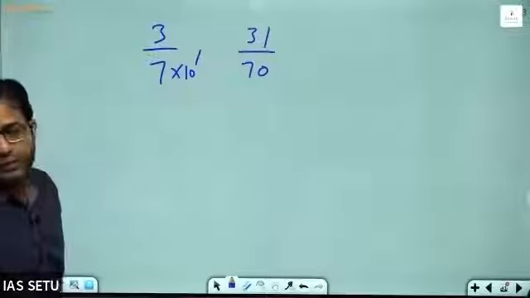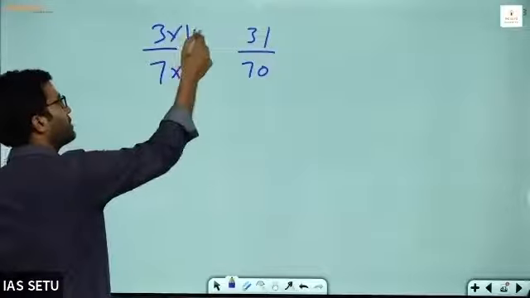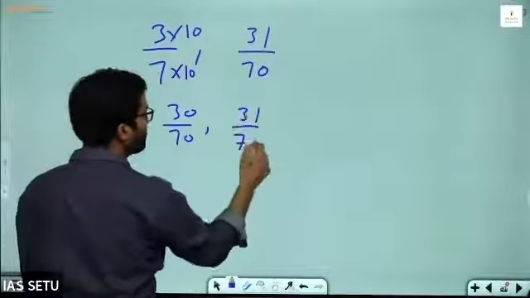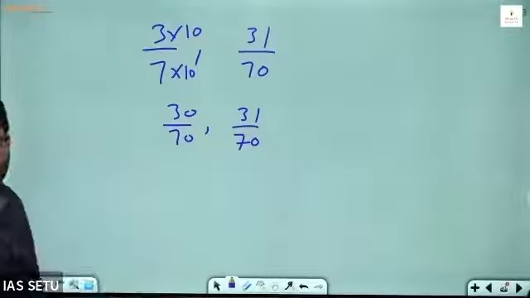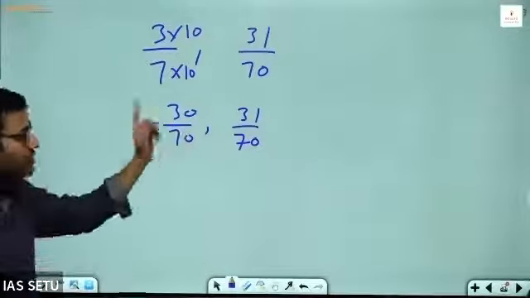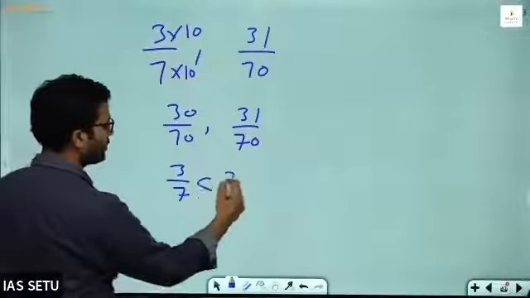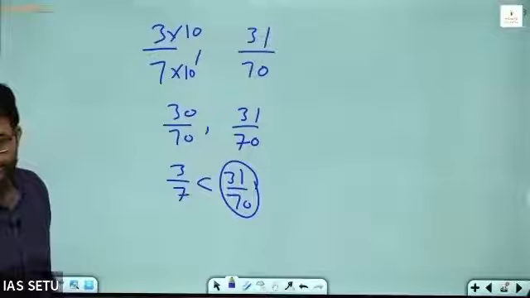But the rule is, if you are multiplying the denominator by 10, you have to multiply the numerator by 10. So this is 30 by 70, and this is 31 by 70. So you can make the denominator constant also. Now 31 is larger than 30, so 3 by 7 is smaller than 31 by 70. So 31 by 70 is larger.